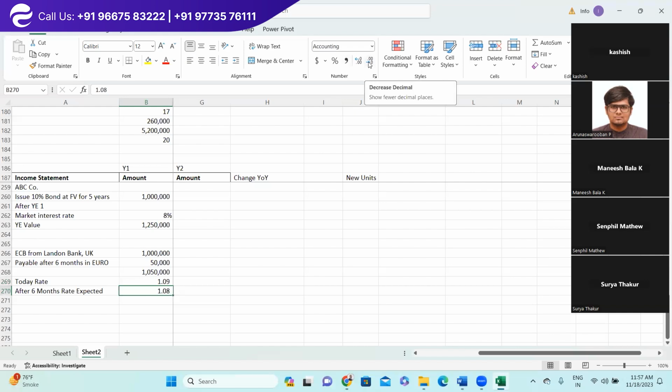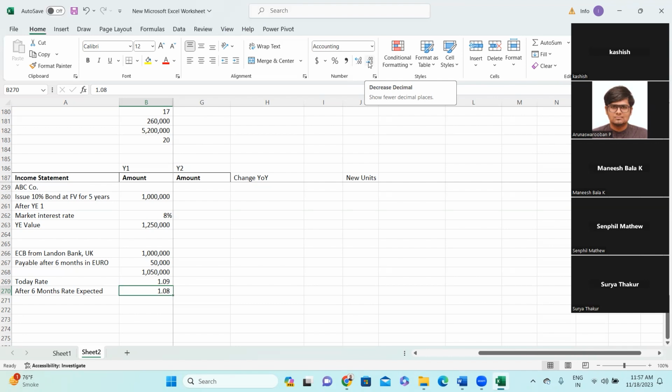So today you can make a deal with the banker that I'll purchase 1,050,000 euro at 1.08, and you pay some commission to the bank. So after 6 months, you'll have a right to purchase the euro at $1.08.